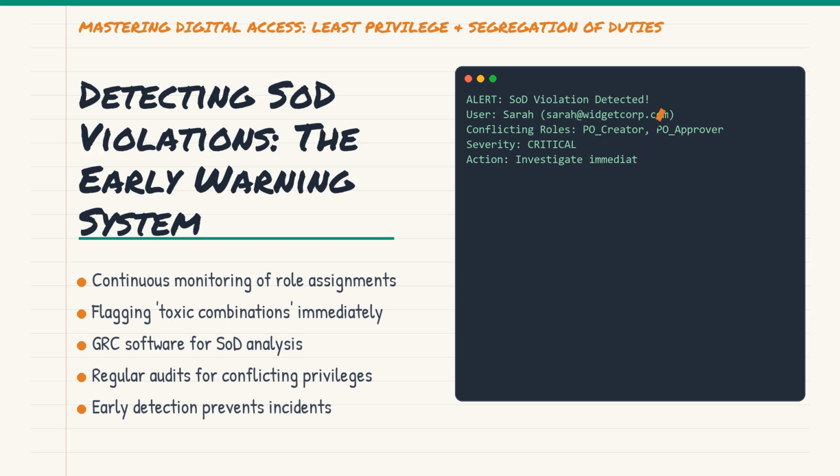Specialized governance, risk, and compliance (GRC) software often includes modules for SOD analysis, helping organizations identify these toxic combinations of access rights. Regular audits and reports that highlight users with conflicting privileges are also key. It's about catching these issues before they turn into full-blown incidents.